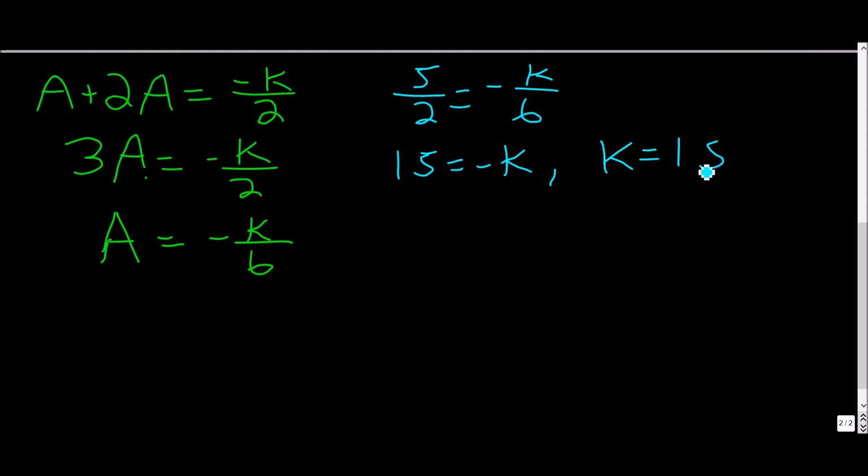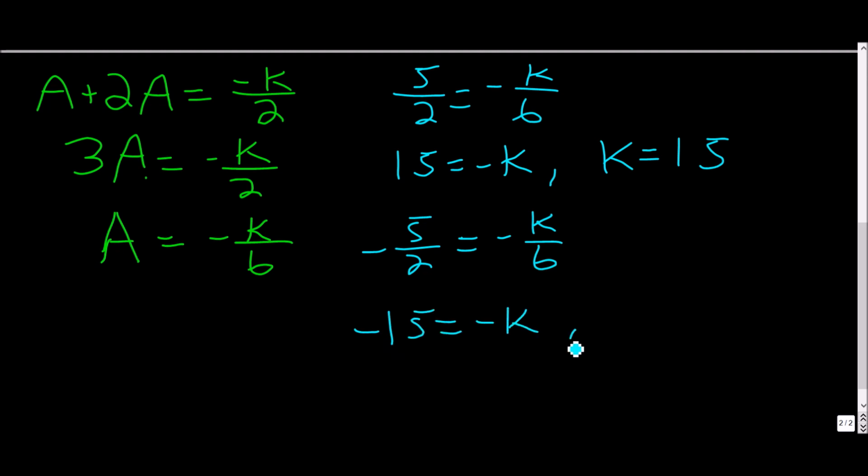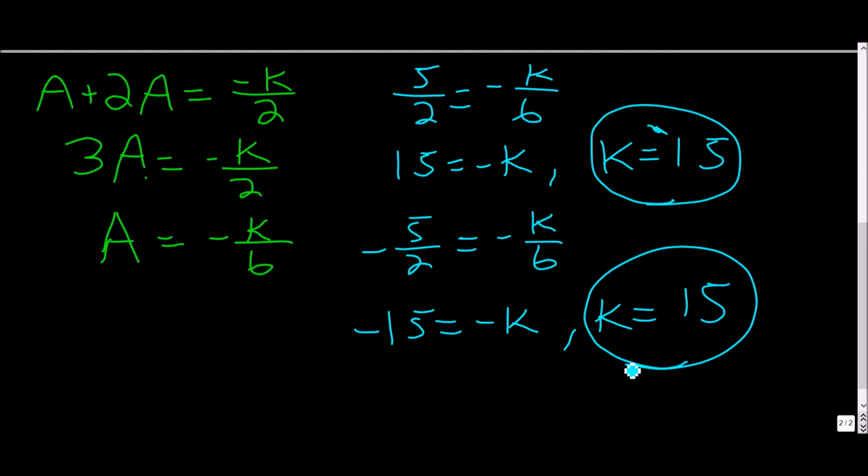I could also have negative 5 halves from before equals negative k over 6. And so this would be negative 15 equals negative k, and so therefore k could be 15 as well. So we could have k to be negative 15 or k to be a positive 15. Those are your 2 possibilities in order for this situation to work.